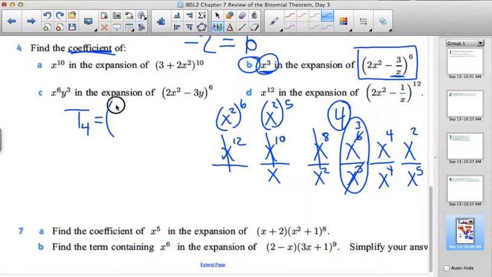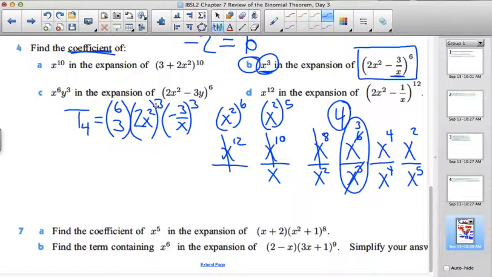6 choose 1 less than the term number, which is 3. Okay, we're going to have 2x squared, and we have the negative 3 over x. The negative 3 over x will be raised to the 3rd power. 6 minus 3 is 3, so that's what A is raised to as well.